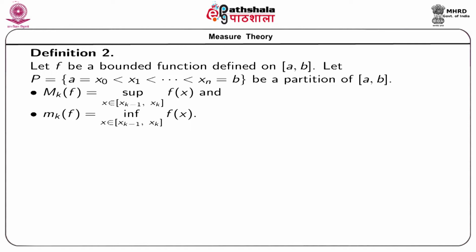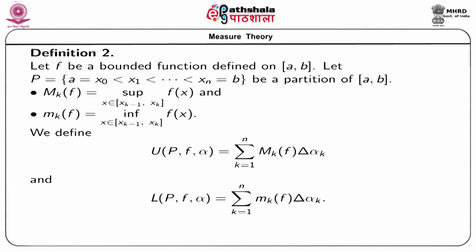As always, let us denote by capital M_k(f) the supremum of f(x) for x belonging to closed interval [x_{k-1}, x_k], and small m_k(f) the infimum of f(x) for x belonging to closed interval [x_{k-1}, x_k].